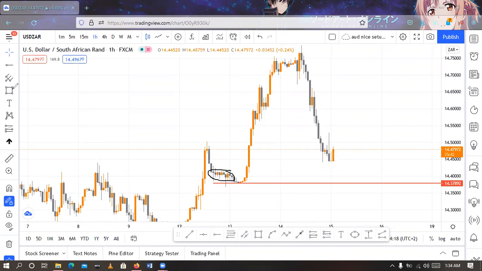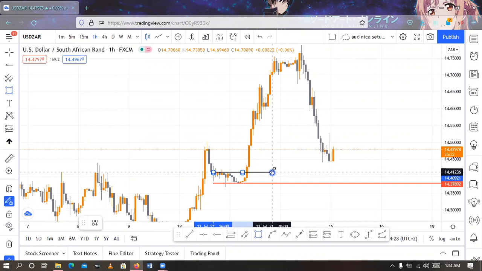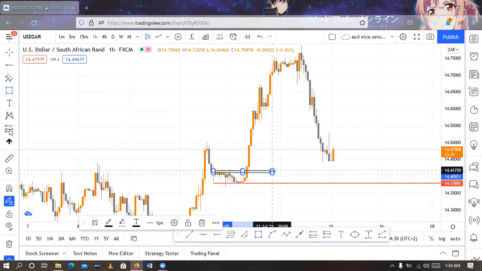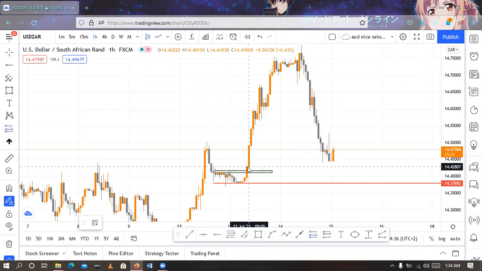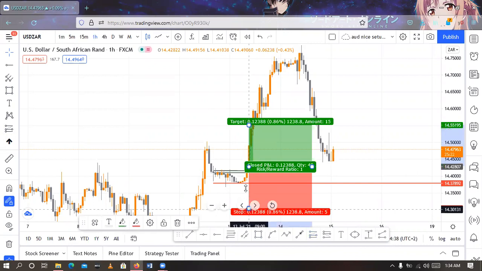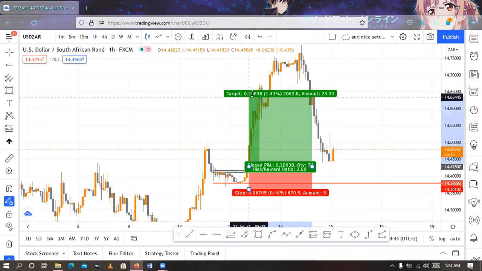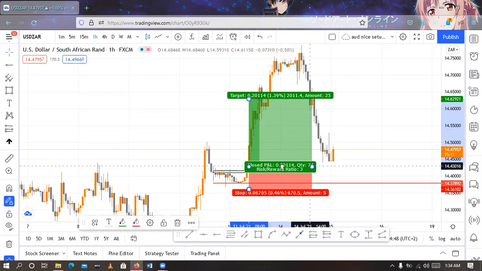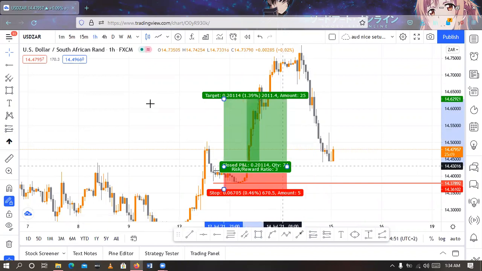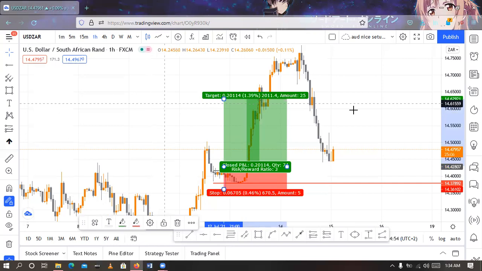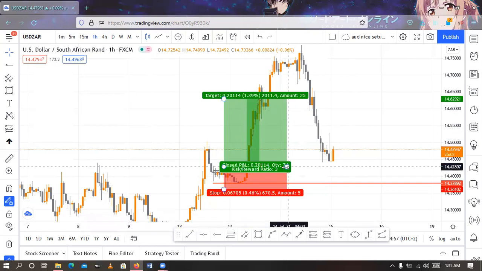We actually had the opportunity to enter this trade on the close of this 1 hour candle here, with our stop loss being below the level of structure and our risk reward ratio of 1:3, right? We got profits being smashed and actually seeing the market moving in our direction.